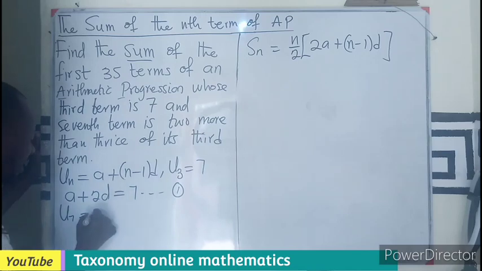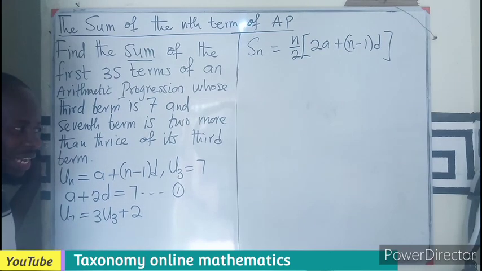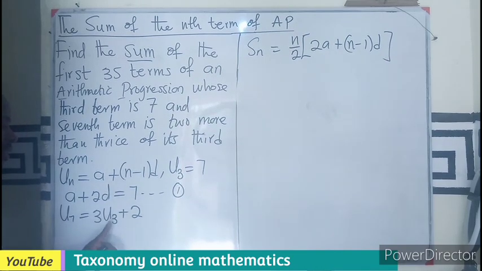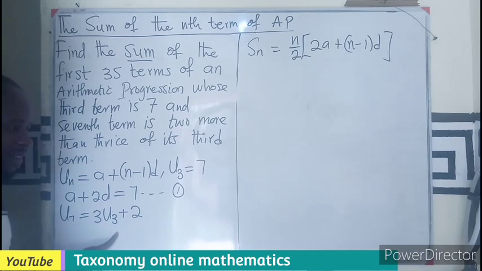So it's going to be 3 times the third term plus 2. Do we get that? The seventh term equals 3 times the third term plus 2. 2 more than 3 times the third term. I believe that is clear.